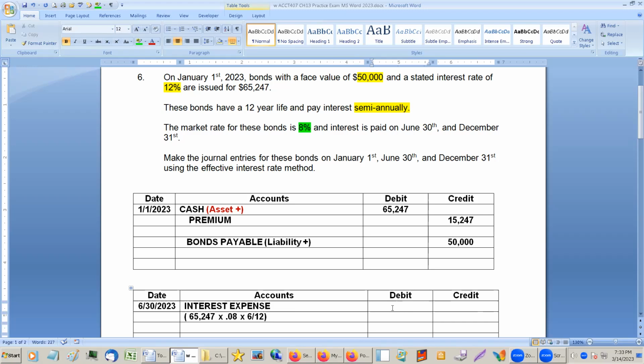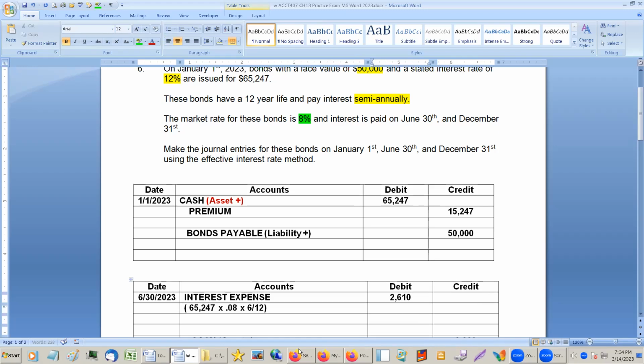Yeah, I'm going to round it to the nearest dollar, 26.10. You don't have to round it to the nearest dollar. You can keep the pennies if you want. Nothing wrong with it at all.